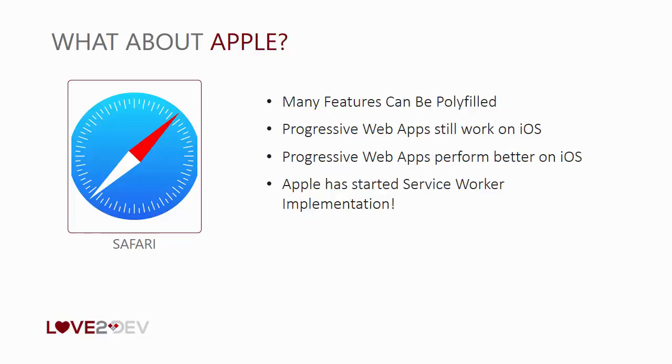Now, progressive web apps, because they're progressive, still work on iOS, and they're going to perform better on iOS than a traditional website, and that's because you have implemented web development best practices. But the best news and the best signal we have is that Apple has started development on service workers. We don't know when they're going to land.